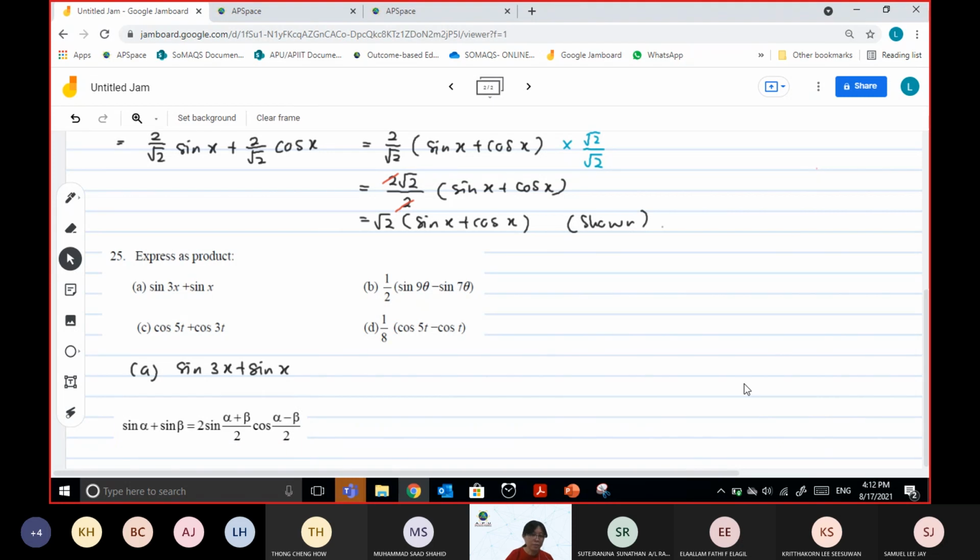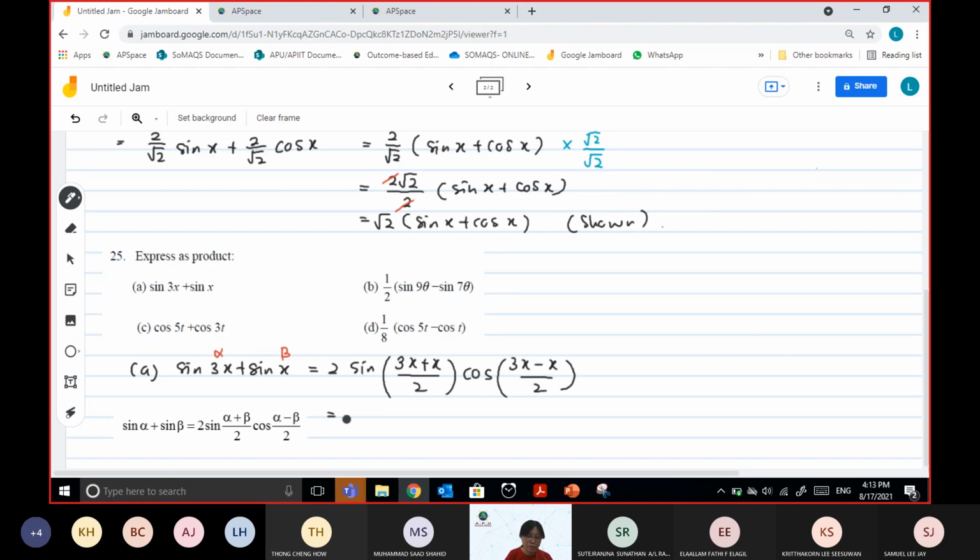Okay, so that means according to the formula, this one can be alpha, this one can be beta. Then 2 sine, alpha plus beta, that means (3x plus x) over 2, then product with cos of (3x minus x) over 2, because alpha minus beta.